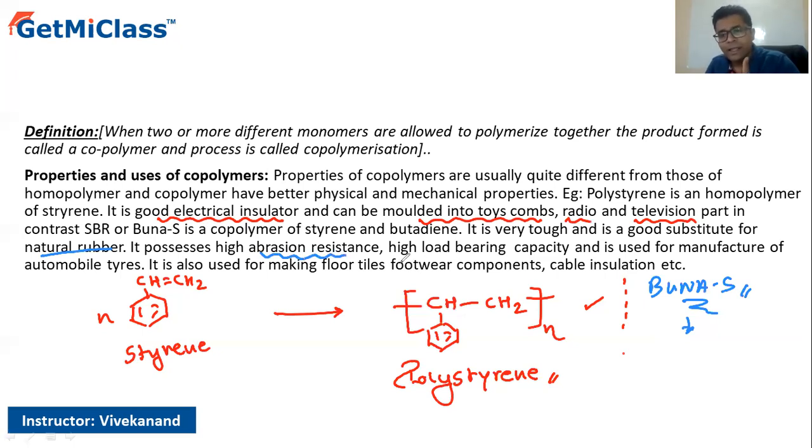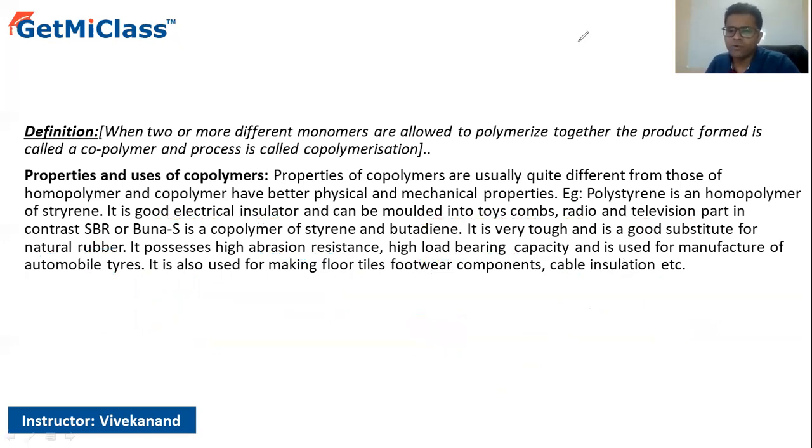It has a high load bearing capacity, and hence it is used in the preparation of tires, floor tiles, footwear components, cables, insulations, etc. So these are the main differences you have observed, right?